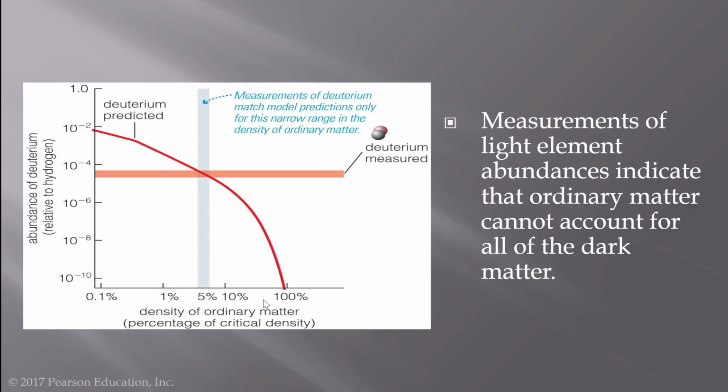The reason why this is, the larger the amount of ordinary matter, the easier it is to fuse past deuterium, right? And so you would expect a very small amount of deuterium relative to hydrogen if the universe is totally ordinary matter, whereas as the fraction of ordinary matter decreases, you maintain more deuterium, since less of it's able to fuse into tritium and helium and trace amounts of lithium.